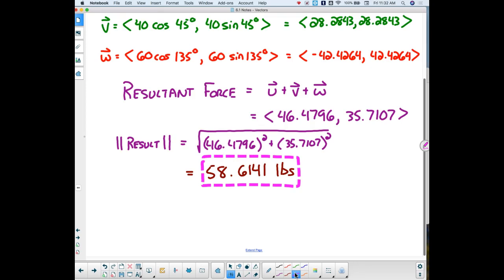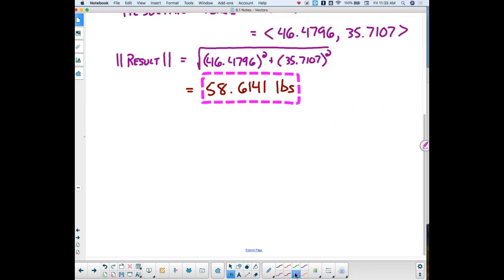Yes? Which quadrant is my resultant force in? It's in 1, right? So my direction angle is going to be my reference angle.